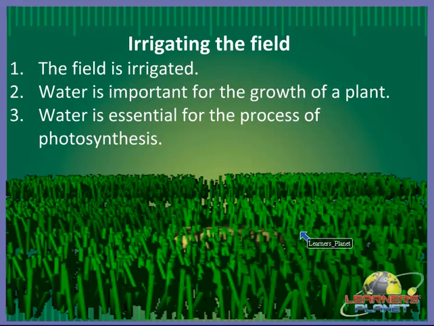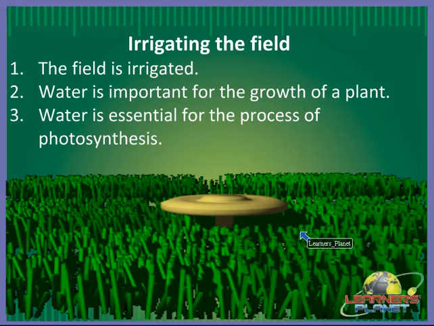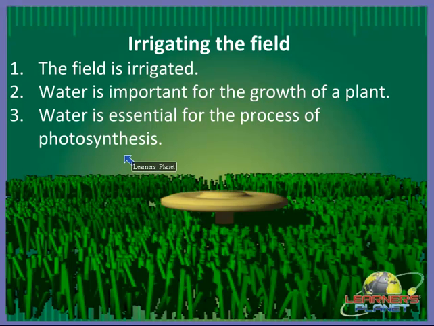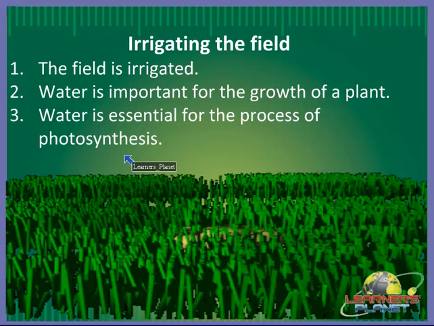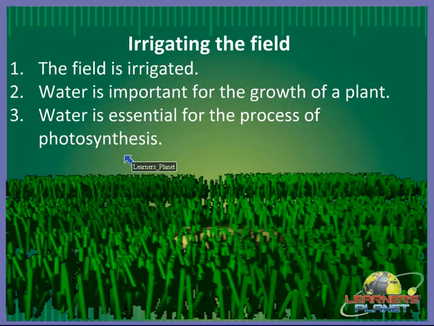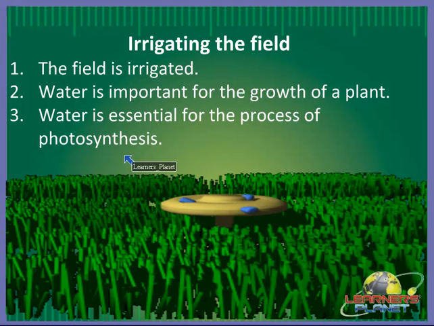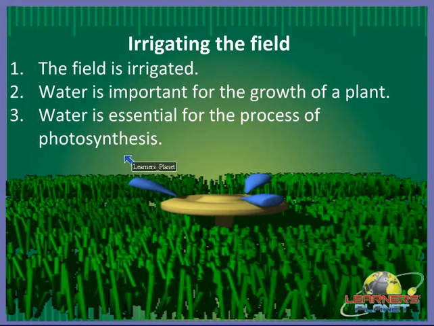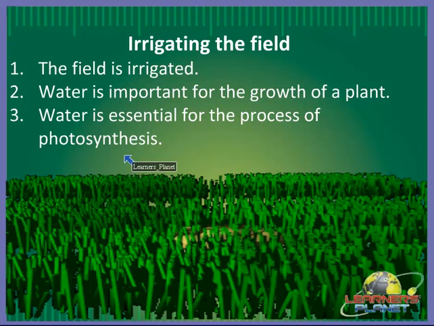And why is it important? Because water is essential for the process of photosynthesis. As we have studied, photosynthesis is the process in which the plant grows with the help of sunlight, water, and carbon dioxide, and then it is able to prepare food, right?